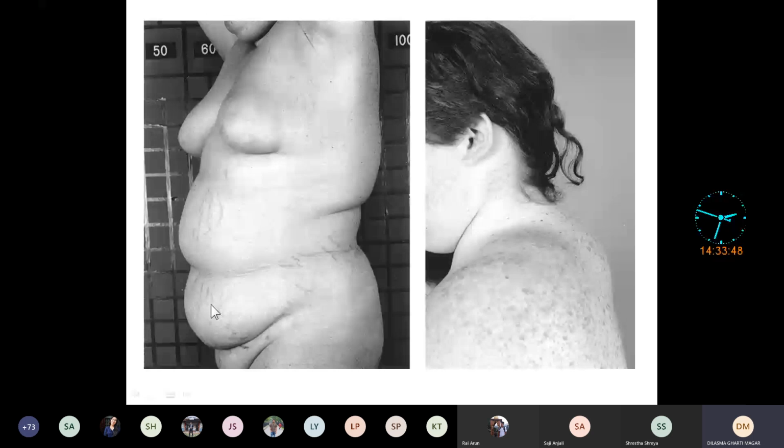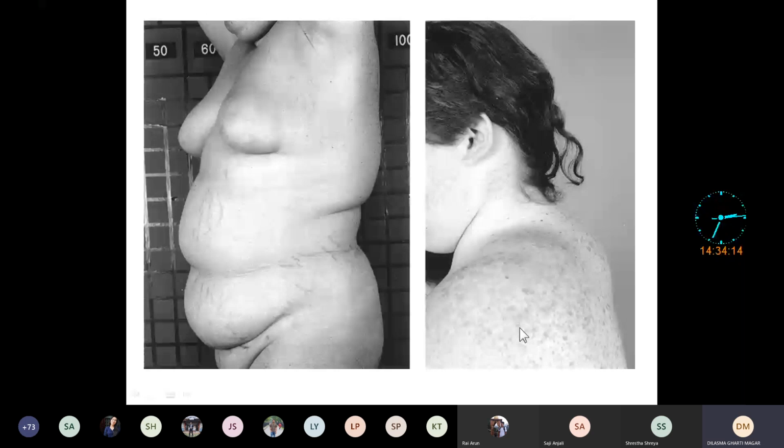And then there is also pigmentation. Can you make out the pigmentation? A little bit of blackish pigmentation. Because whenever ACTH is produced from the pituitary, melanocyte stimulating hormone will also be produced as a byproduct. So that in case of Cushing syndrome, there will be some pigmentation or hyperpigmentation.